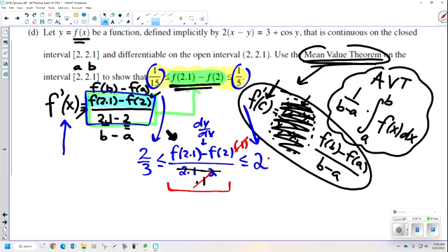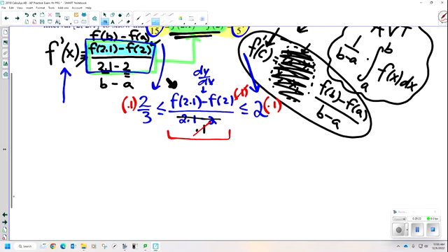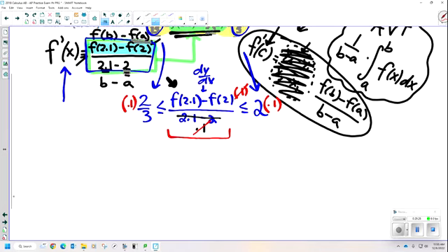But what I do to the middle, I also have to do to the outside. Multiply that times 0.1, and multiply this by 0.1. All right, let's clean this up a little bit. I got 0.2 over 3 is less than or equal to f of 2.1 minus f of 2, which is less than or equal to 0.2.